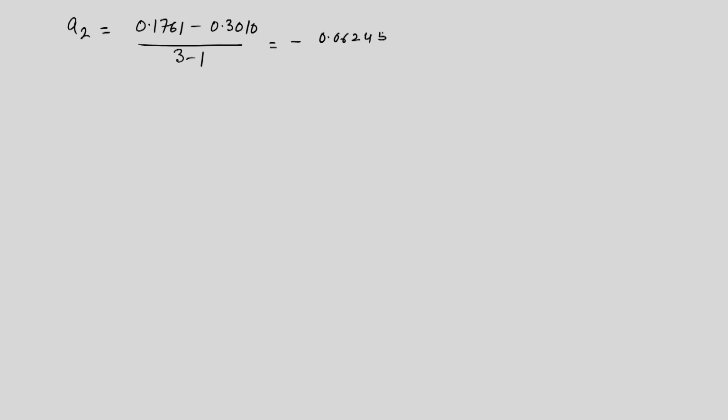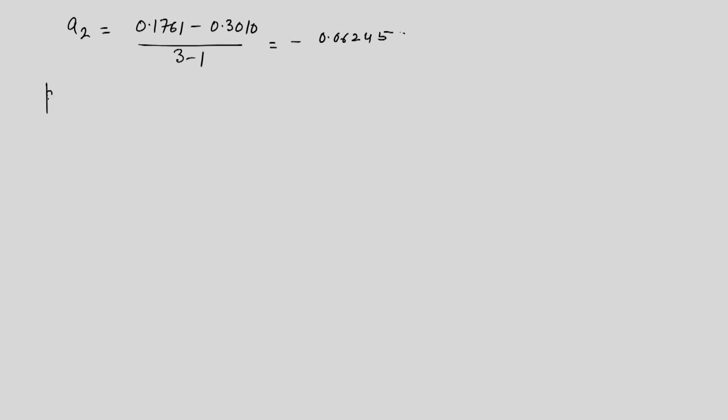So A 2 becomes equal to 0.1761 minus 0.3010 divided by 3 minus 1, which is minus 0.06245.